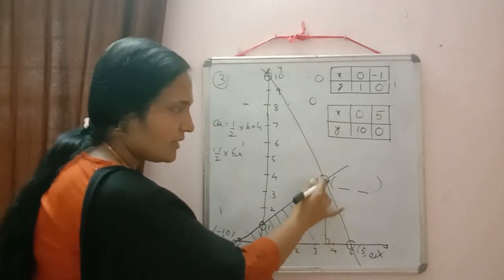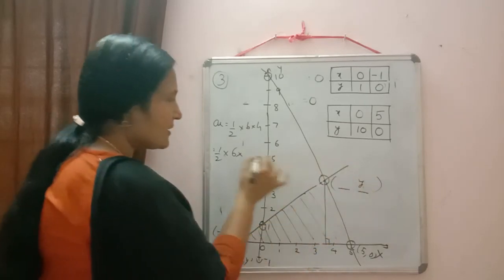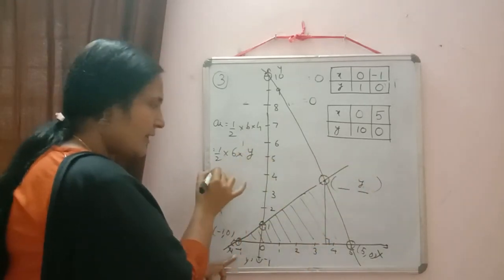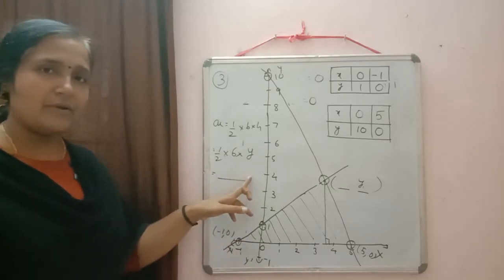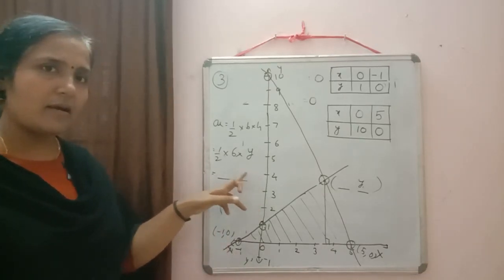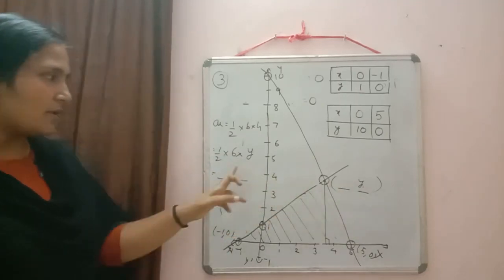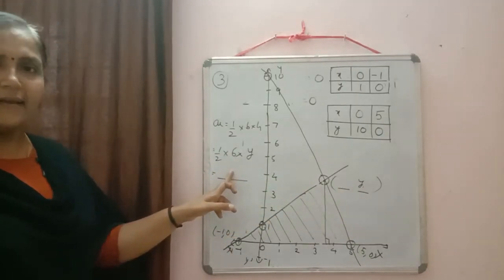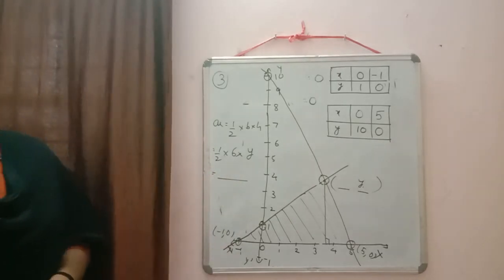This perpendicular distance means y coordinate. What is the y coordinate you got there? Write down that value here and then calculate the area. And don't forget to write down the unit. Either you can write unit square or centimeter square. Do this one. Find out the coordinate and calculate the area. Clear? Okay. So moving on to the next question.